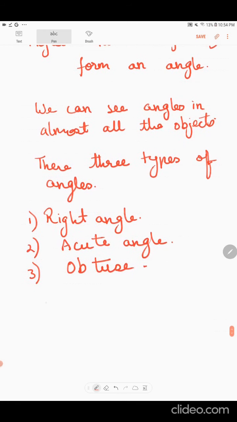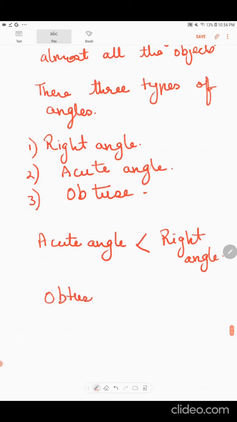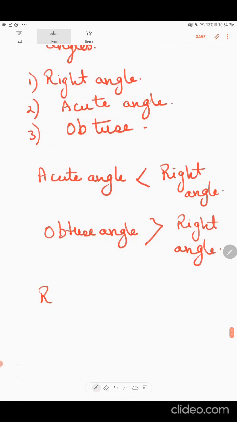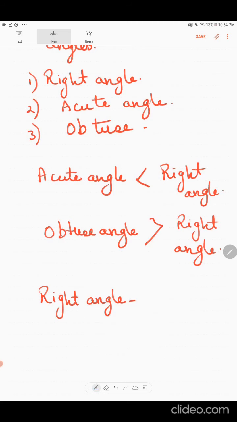Okay, an acute angle is smaller than a right angle, and an obtuse angle is bigger than a right angle. So let's see the shapes once. A right angle is exactly two straight perpendicular lines.